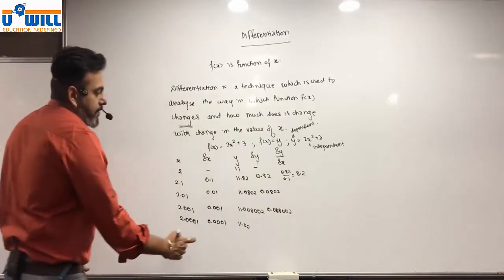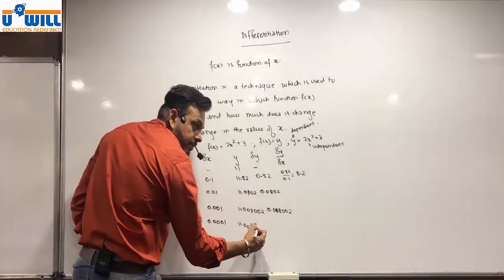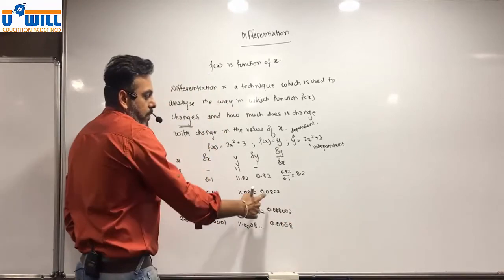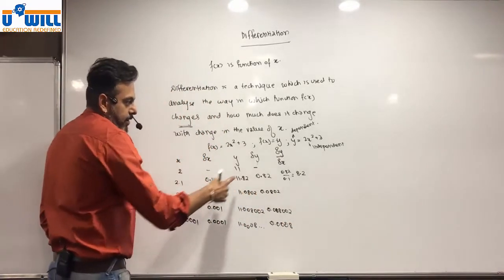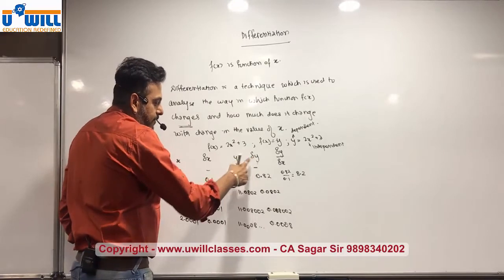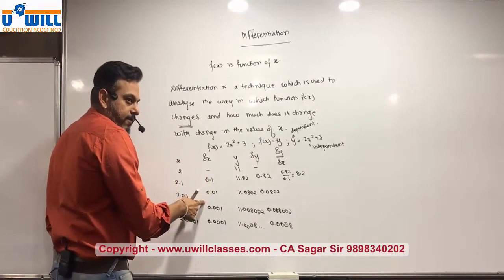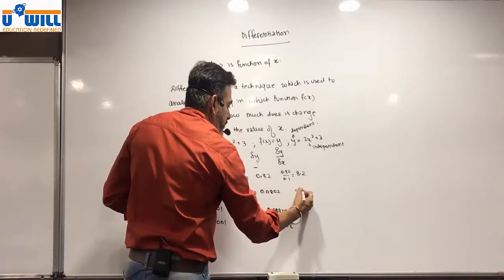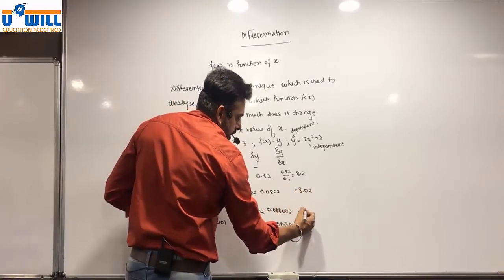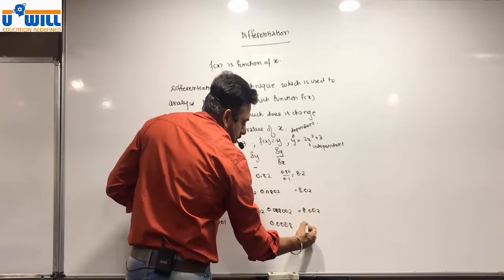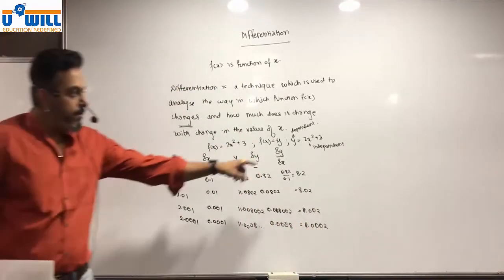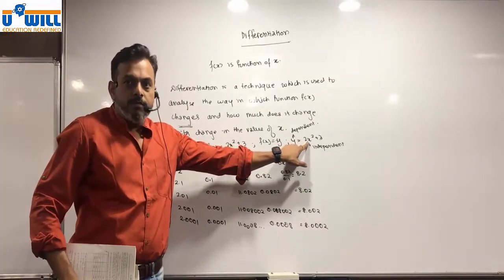Then 11.0008 and 0.0008. Now when we divide this, क्या divide करना है? Delta y upon delta x. Delta y upon delta x. 8.02, 8.002 and 8.0002.